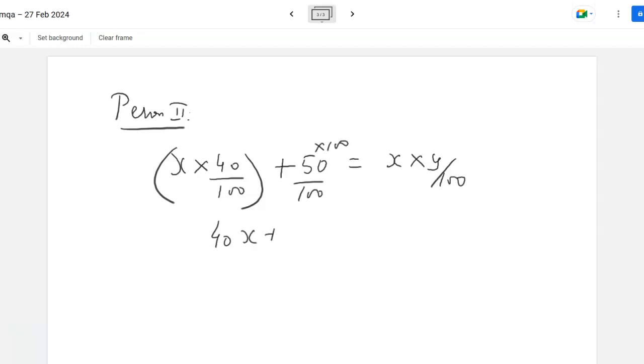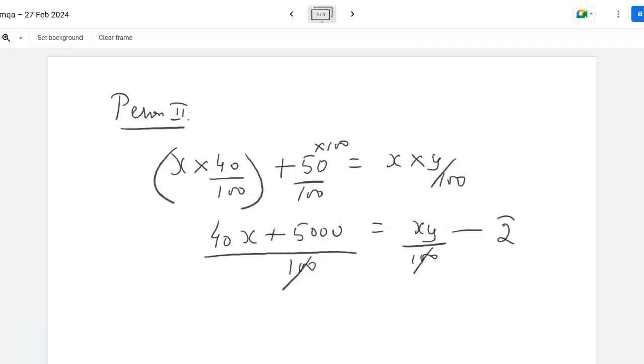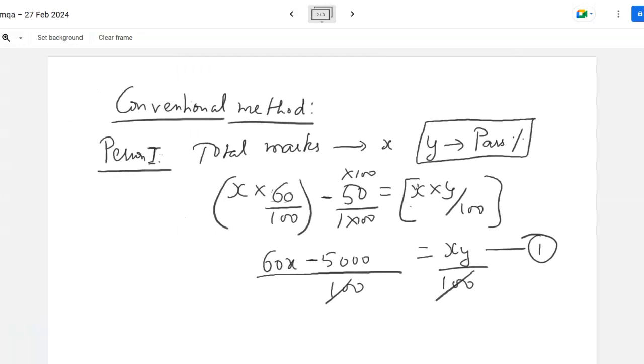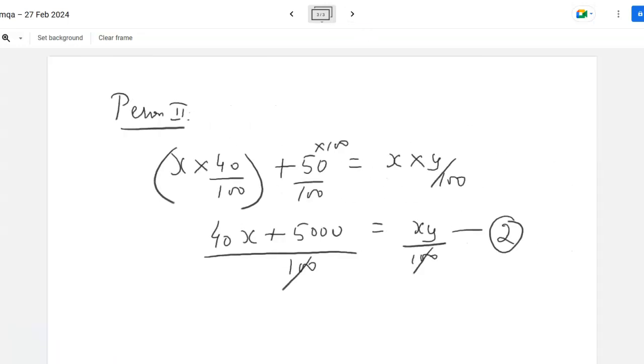LCM. 40x plus 5000, whole divided by 100 equals xy by 100. So mark this as equation number 2. The other one we have marked as equation number 1. You substitute 6x minus 5000 in equation number 2 in the place of xy.